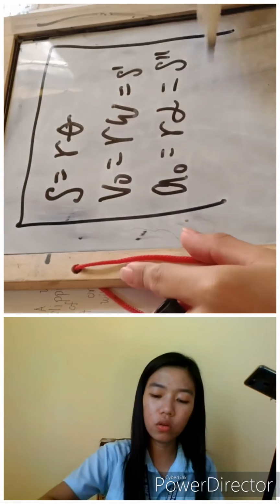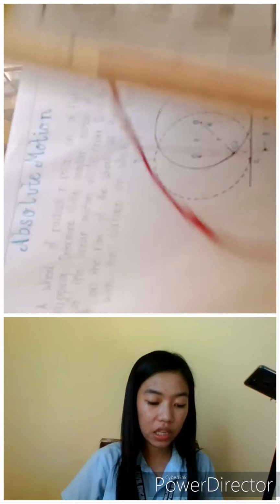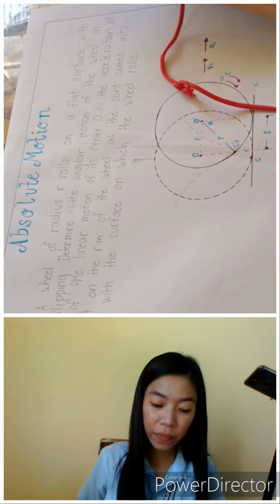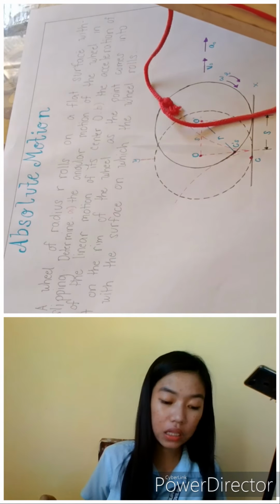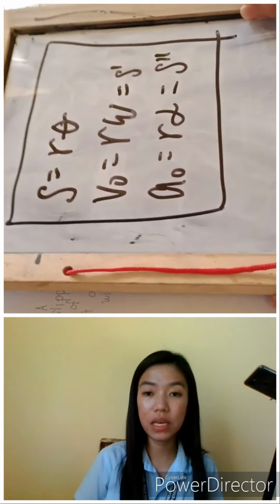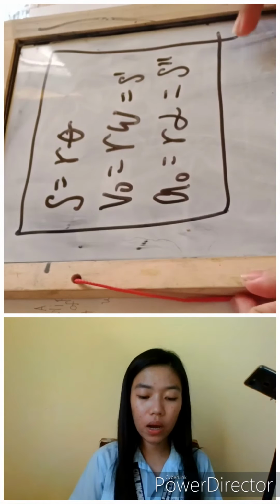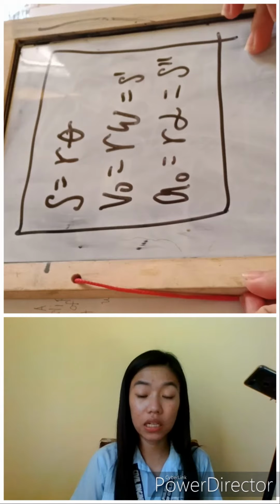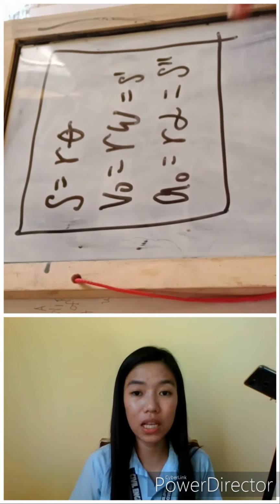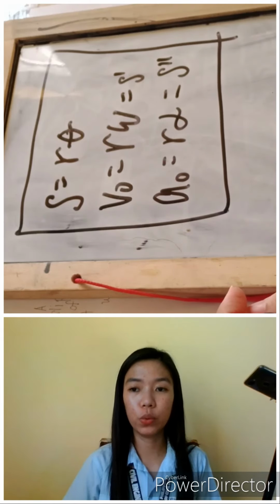So, eto na yung sagot natin for letter A na ang hinahanap ay angular motion of the wheel in terms of the linear motion of its center O. Yung mga answers na makukuha natin is puro variable lang since wala naman tayong given na value.